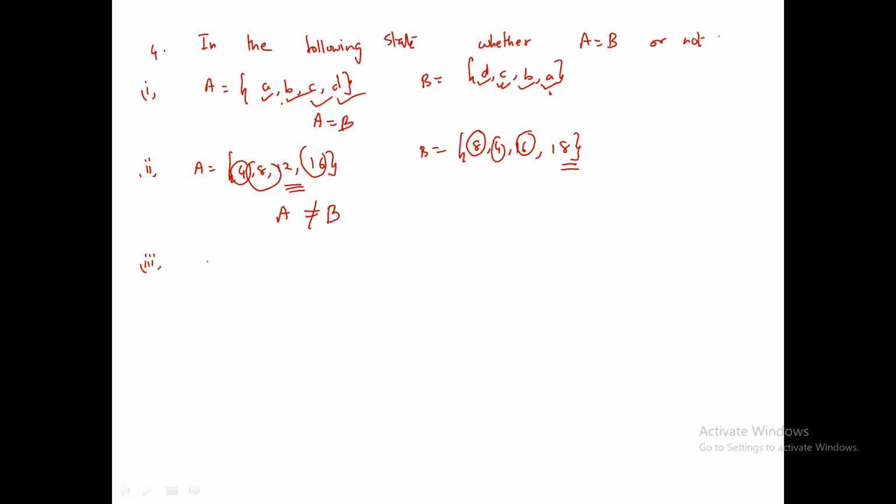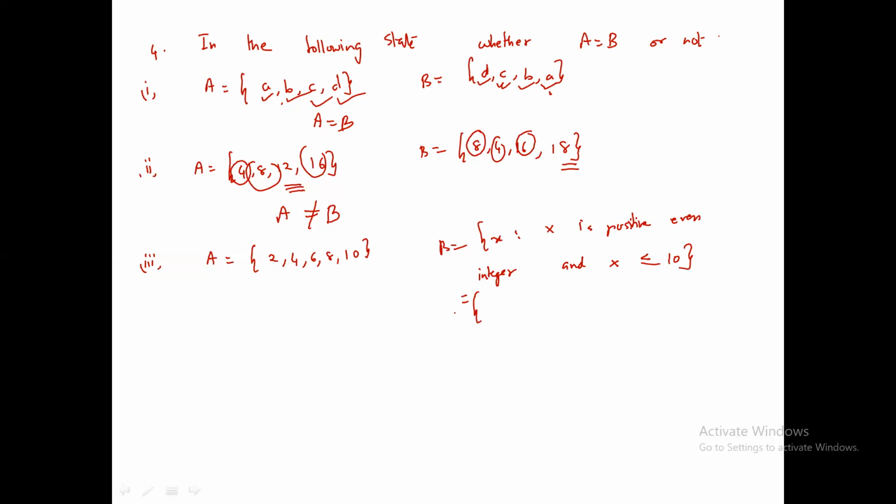Okay, third one. A is a set having 2, 4, 6, 8, 10. And B is the set having x such that x is a positive even integer and x is less than or equal to 10.